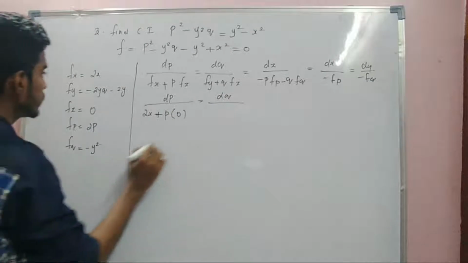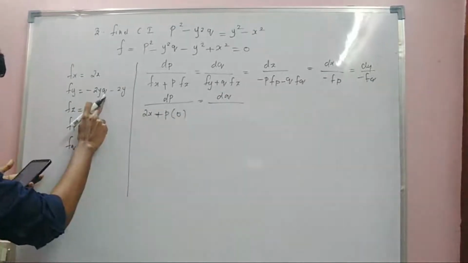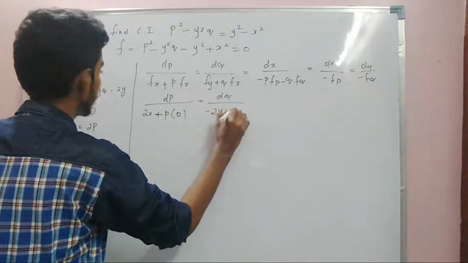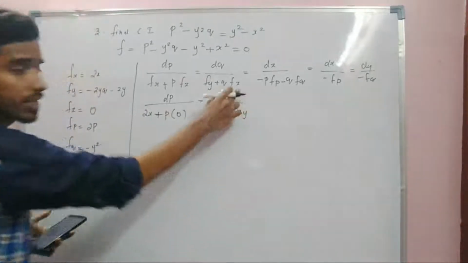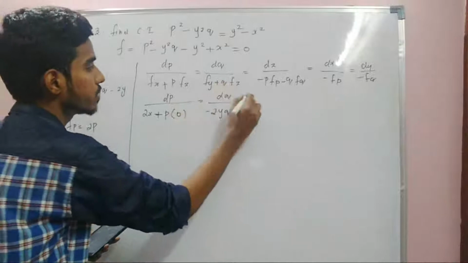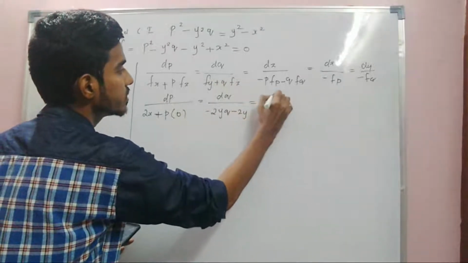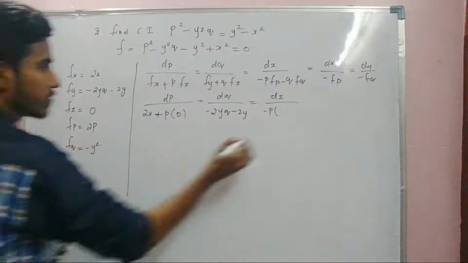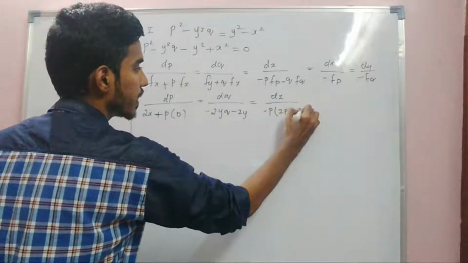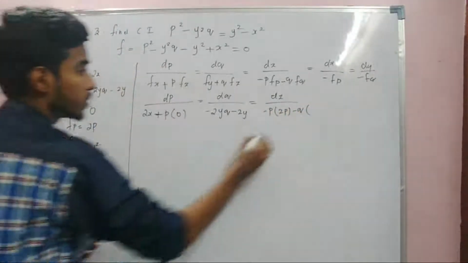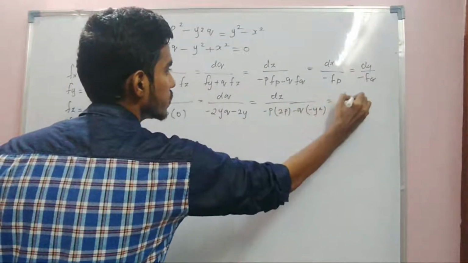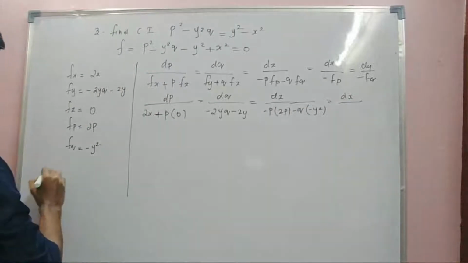So fy is minus 2y cube minus 2y, and since fz is 0, this entire term will be 0. And dz divided by minus p into fp, so fp is 2p, minus q into fq. So fq is minus y square. This is equal to dx divided by minus fp.